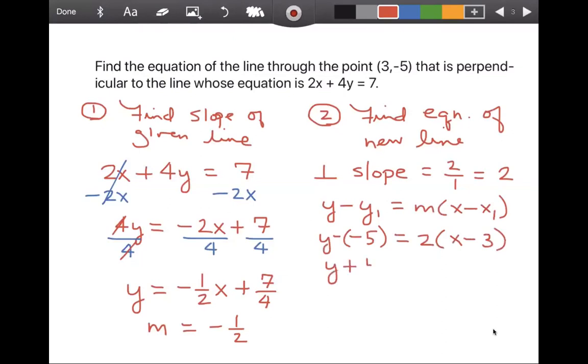Y plus 5 equals, let's go ahead and distribute the 2. That'll give us 2x minus 6. And when we subtract 5 from both sides, we end up with our final answer, which is y equals 2x minus 11.